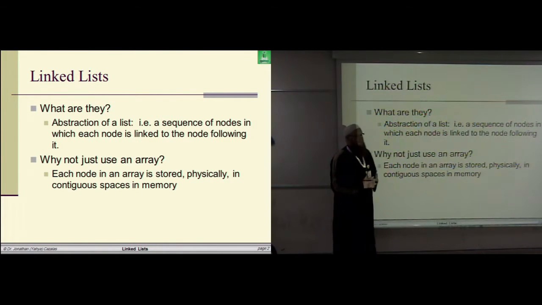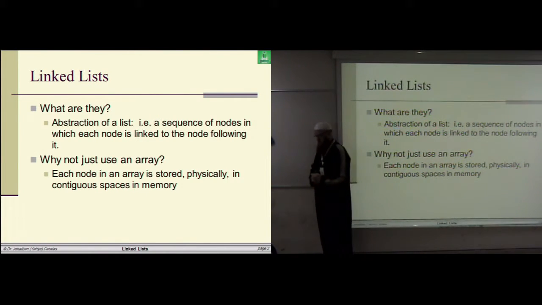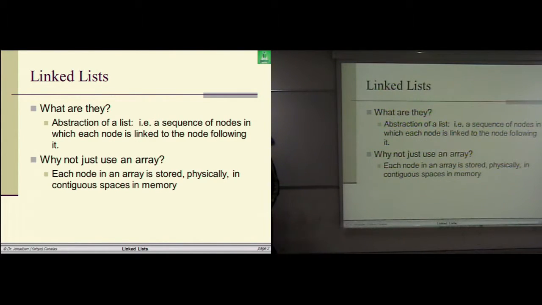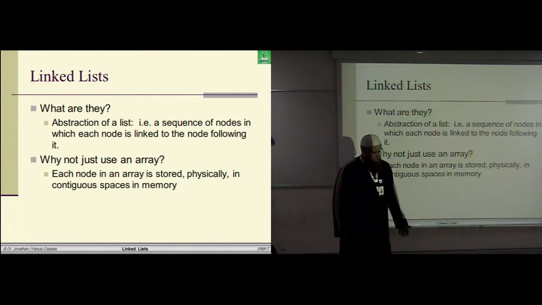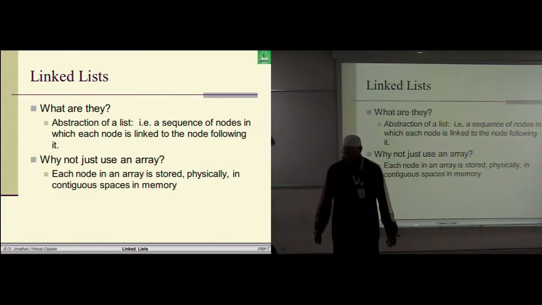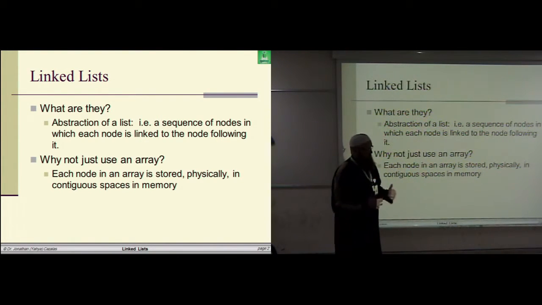This is the benefit of contiguous memory. What is the negative of contiguous memory? Because of the benefit, there's also a negative. The negative is, if we say, yeah, Java, I want an array of size 1 gigabyte. It's a big array. Java will look at your memory, and if you do not have 1 gigabyte contiguous, Java will say, sorry, I can't do that.